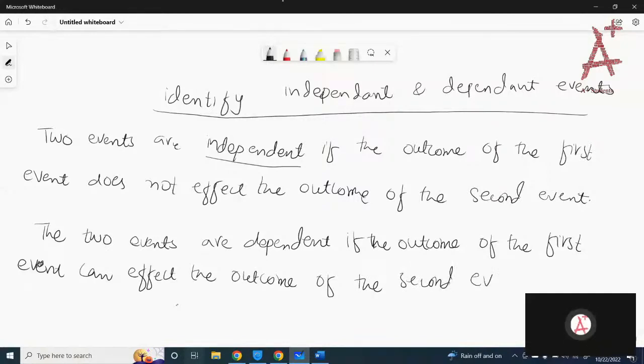Got it? That would be, if the outcome of the first event can affect the outcome of the second one, that means they are dependent. Got it? So let's start with examples.